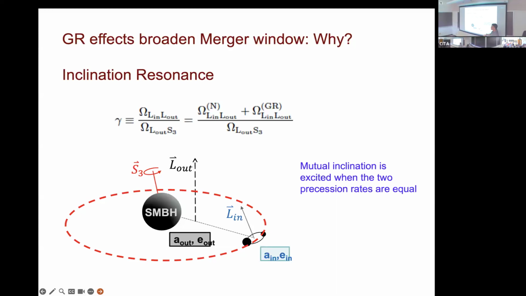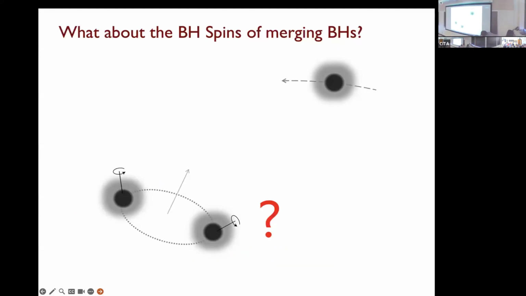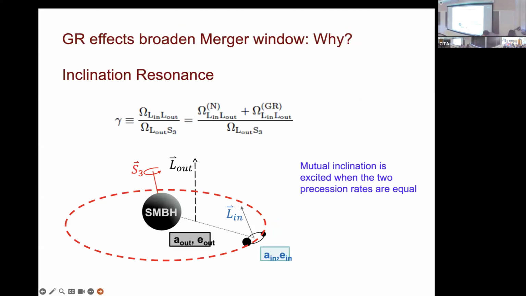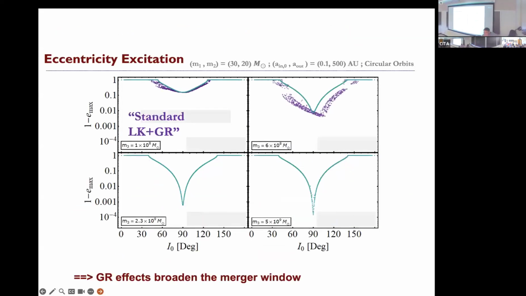So if these two time scales are comparable, you can imagine there's some inclination resonance. Even when L in and L out are initially at a relatively small angle, because of the resonance these two angles can become large. That can then bring the system into the Lidov-Kozai regime. So that's the way to understand it. This GR effect basically increases the merger window.